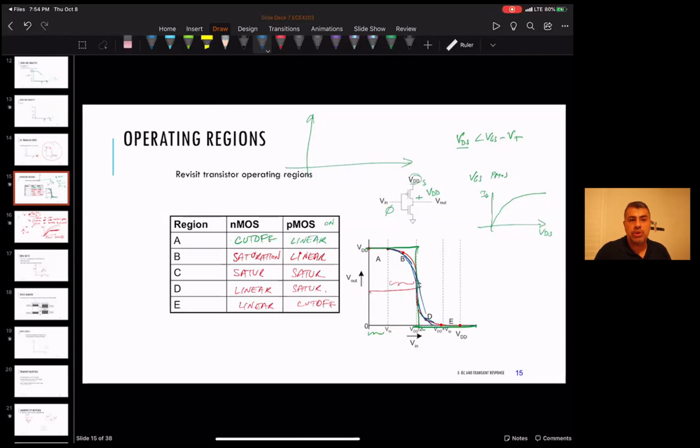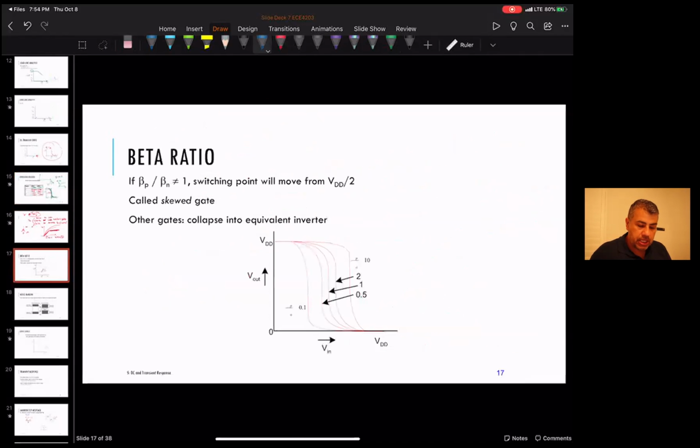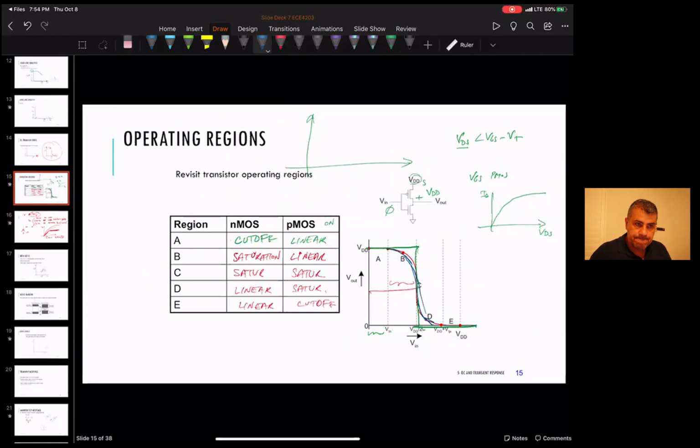Yeah, that's what we're doing, depending on the sizing of our devices. So that's the purpose of the analysis. Okay. Any questions about that, guys?